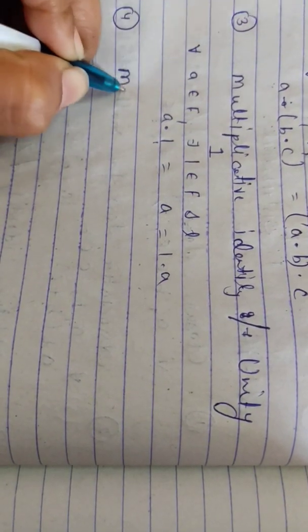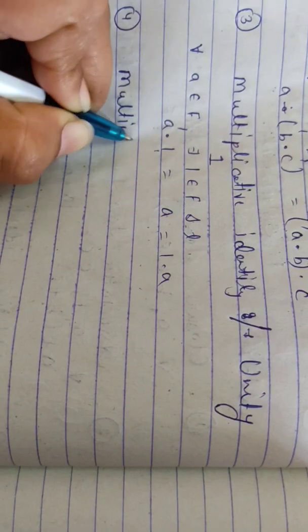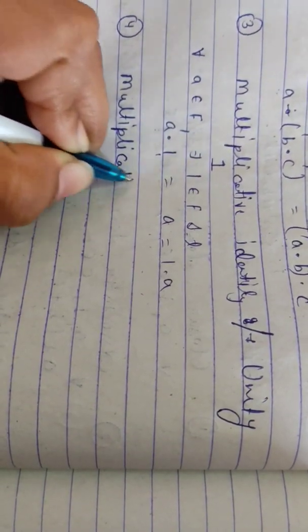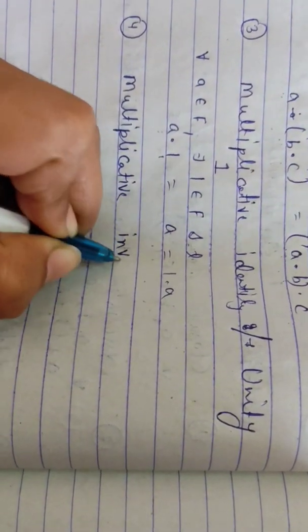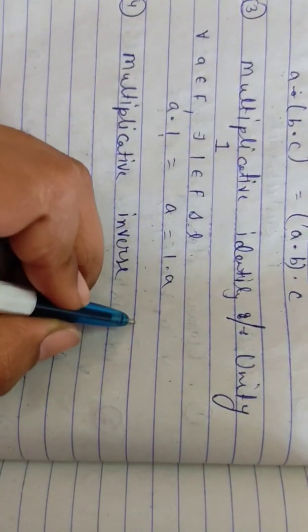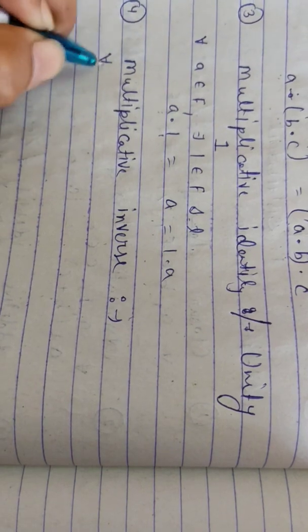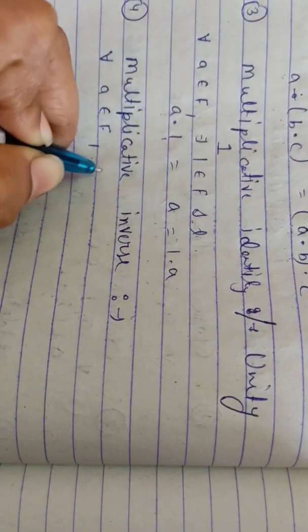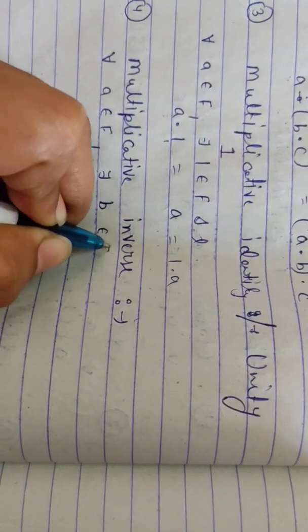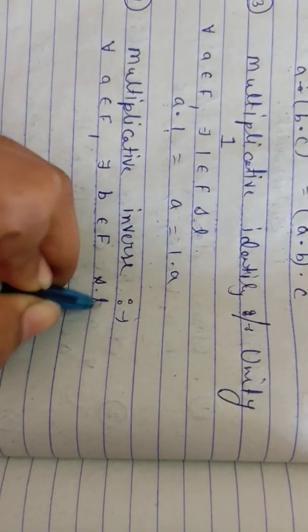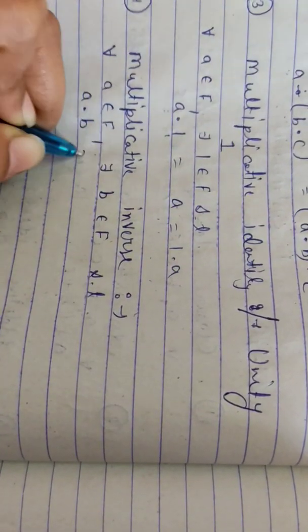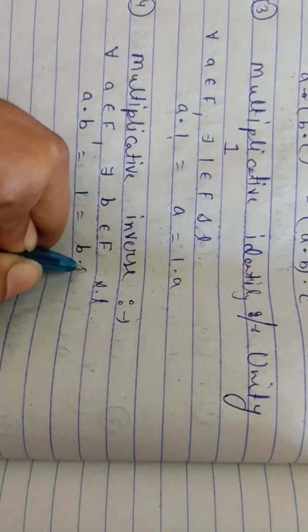Fourth axiom is multiplicative inverse. For each a element of F, there exists b element of F such that a · b is equal to 1, equal to b · a.